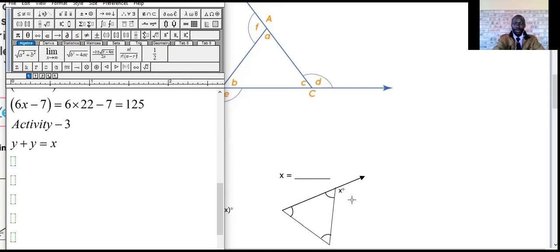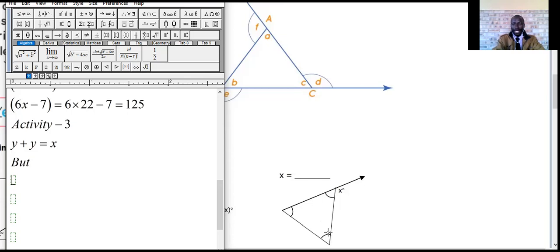But we don't know the value of y. How can we find the value of y? To find the value of y, we must add this value here, which is also y, to this one, then to the other one. When we add all the three values of the angles inside a triangle, we must get 180 degrees.